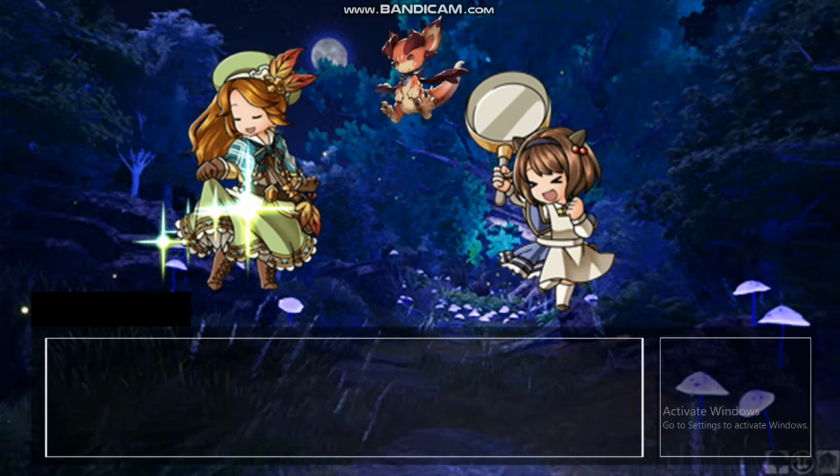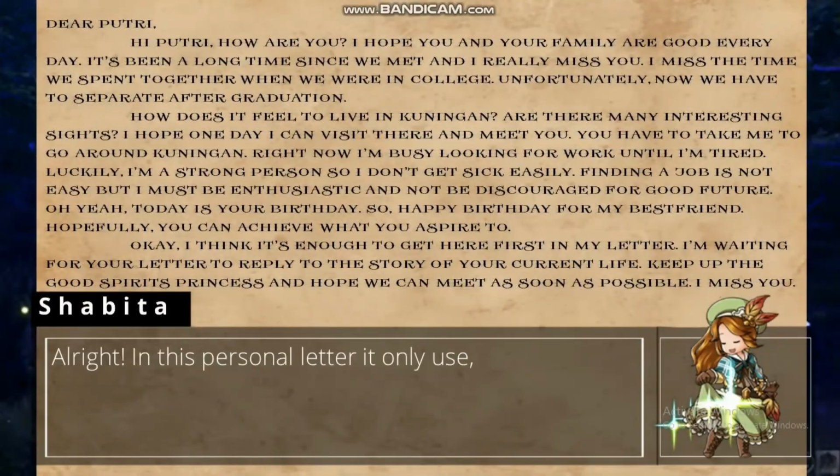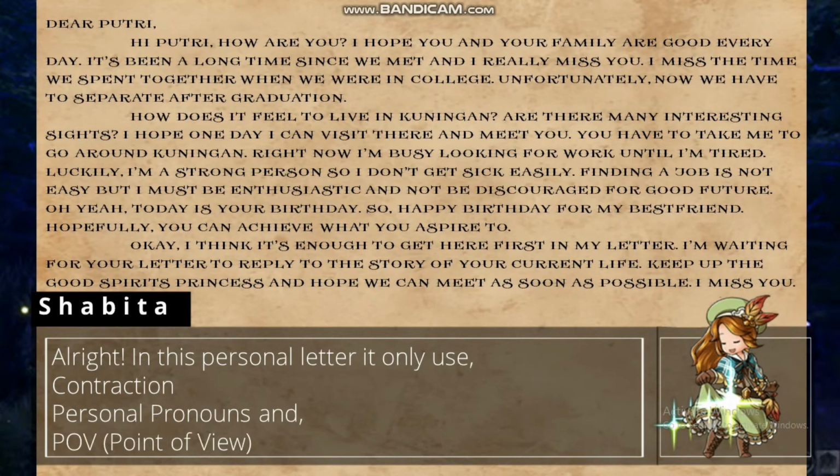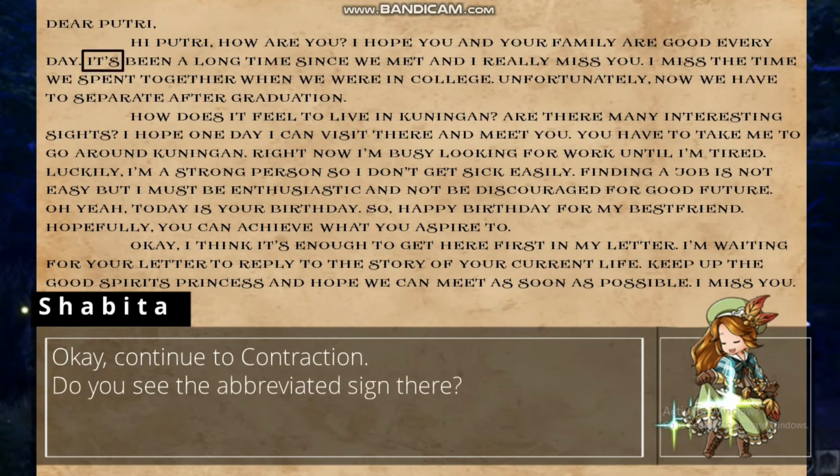All right. In this personal letter, it only uses contraction, personal pronouns, and POV or point of view. Okay, continue to contraction. Do you see the abbreviated sign there?